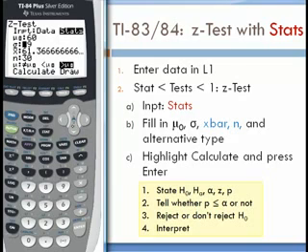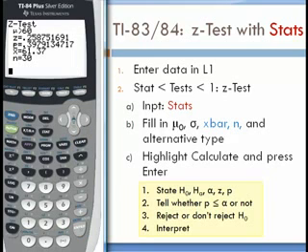Then we would enter our x bar, and remember that when we were given x bar we were given 61.37, so 61.37 is what we will enter here, and then our sample size we are given as 30. Our alternative hypothesis is still greater than mu0, so we leave that and we highlight Calculate and press Enter.